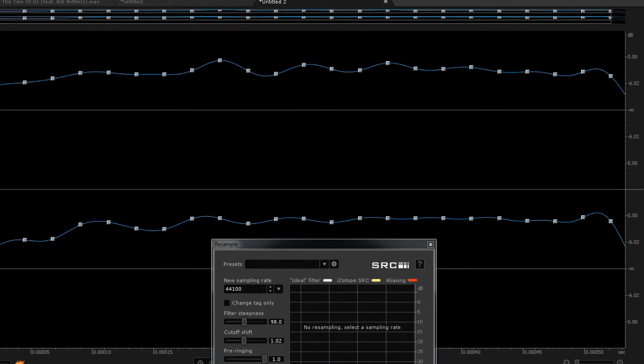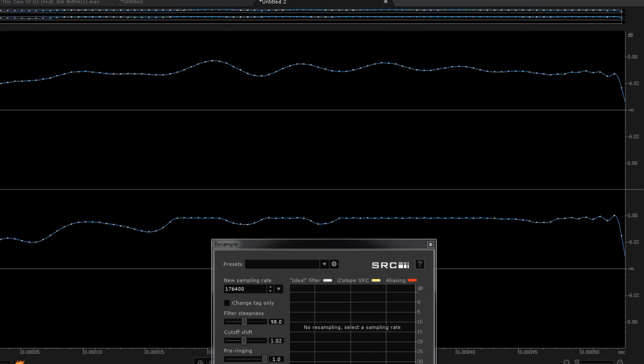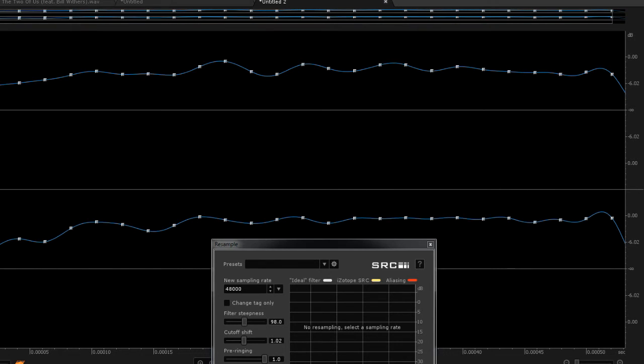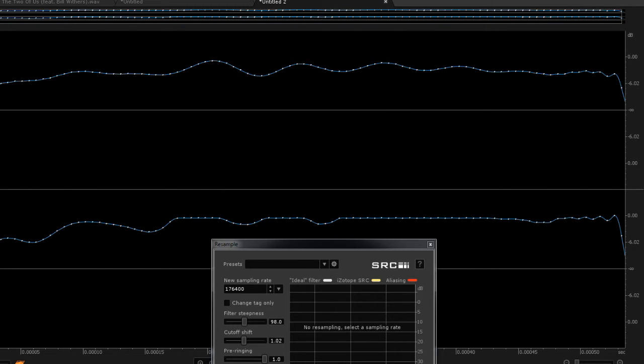You can see how that changes, and you'll notice the height differences on the intersample peak is what we're looking at. Again, not critical when you're not near the limit, but if you're at 0, then it's critical.